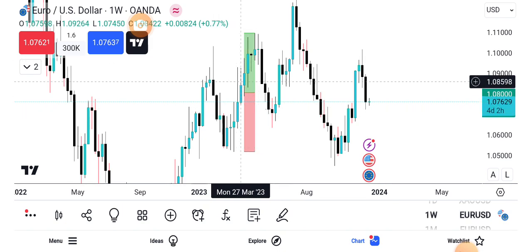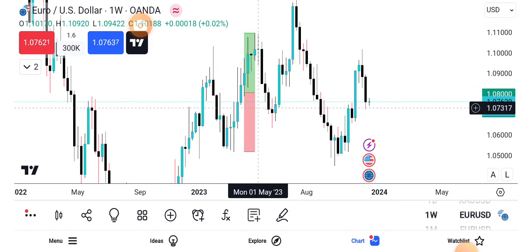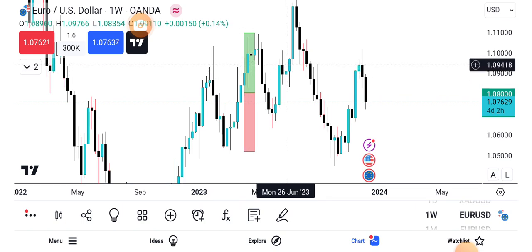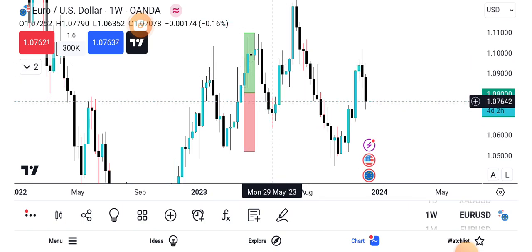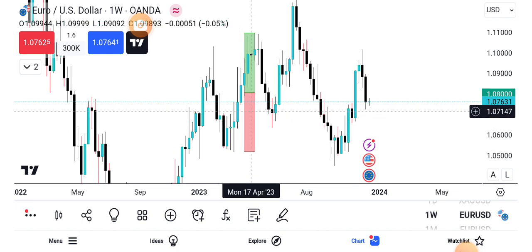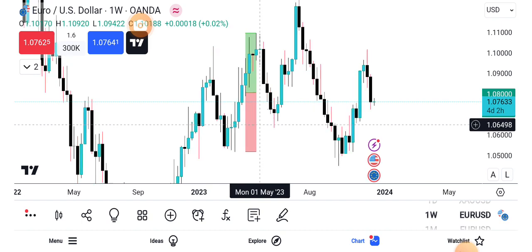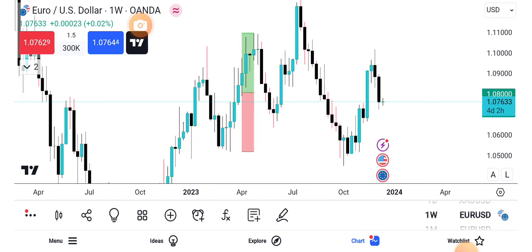So prices rallied higher, then we had this retracement. We cannot buy when the prices are in premium, meaning in an expensive zone, but we want to buy when we are in a discount zone. So the market retraced to this discount. And what can we see, where did it react from?